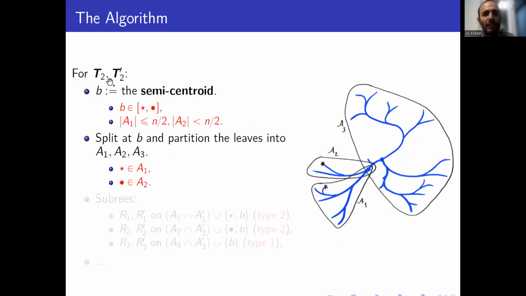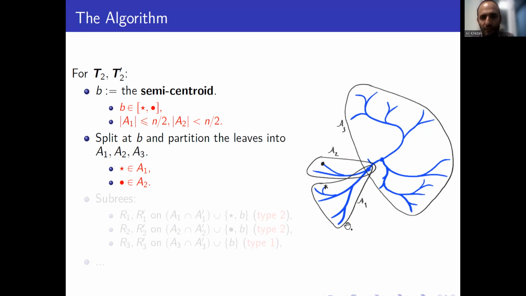If we are given trees of type 2, we split at the semi-centroid. I've already explained it, but I give the precise definition here. The semi-centroid is a vertex on the segment or on the path connecting the 2 branch points with this condition. The condition is that after splitting, the 2 branches should be less than n over 2.